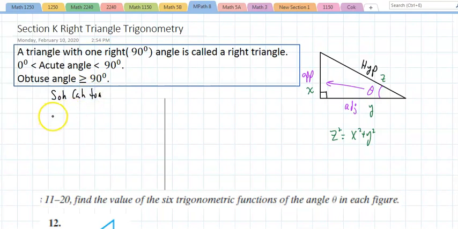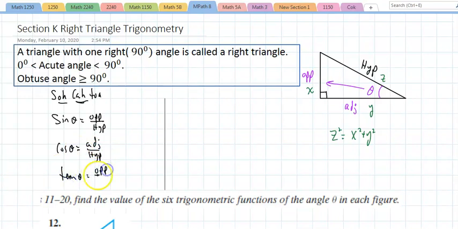If I take the sine function, the sine of theta would be the opposite over the hypotenuse. The cosine of this angle theta is the adjacent side divided by the hypotenuse. So this is a ratio, and the tangent of theta is the opposite side divided by the adjacent side. Something that you need to memorize.